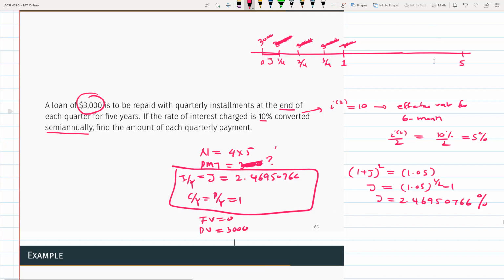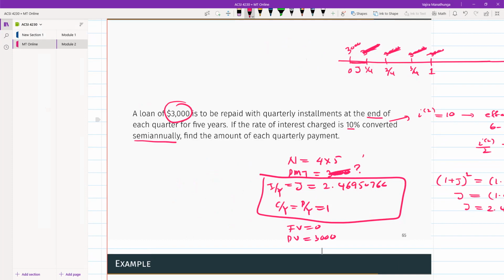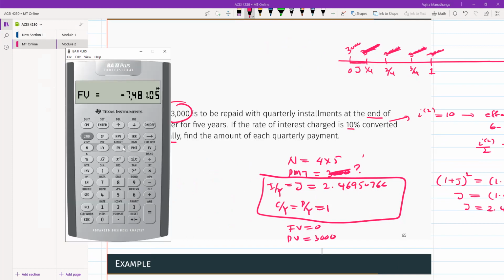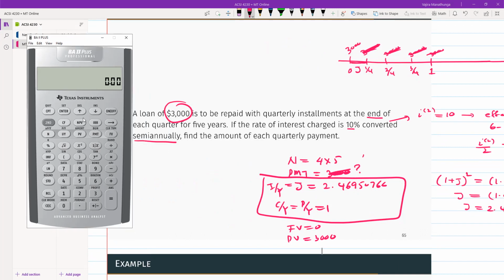Okay, so let's solve this using our calculator. Let's reset this one. Second reset. Enter.